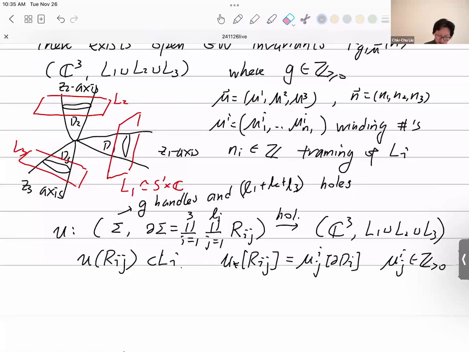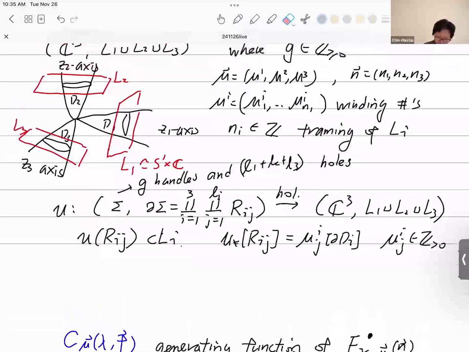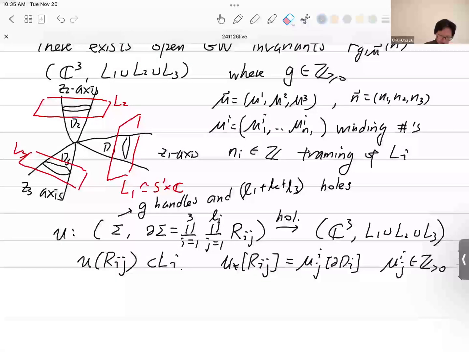You see now the degree of the map will become some relative homology class. But because it's C3, this relative homology class of the map is completely determined by the boundary, each of the boundary circles. So the boundary circle R_ij under u is pushed forward.